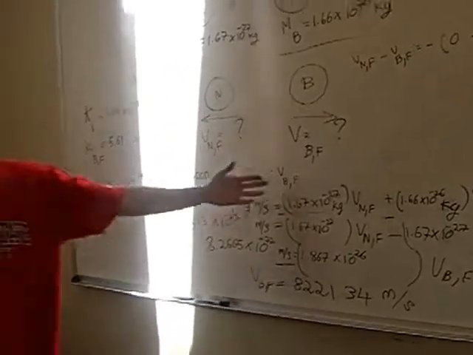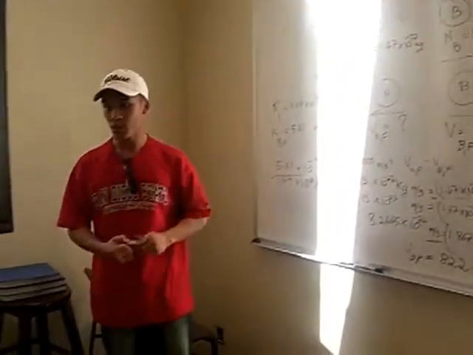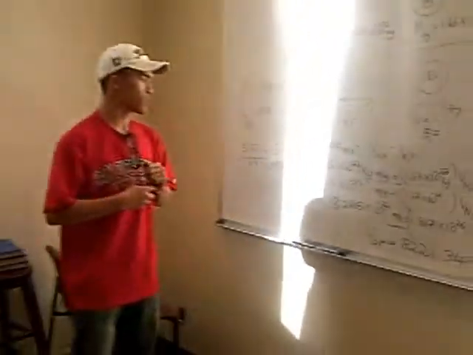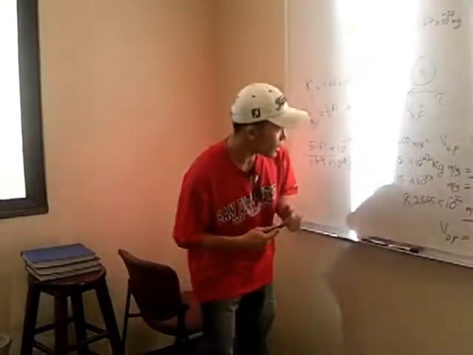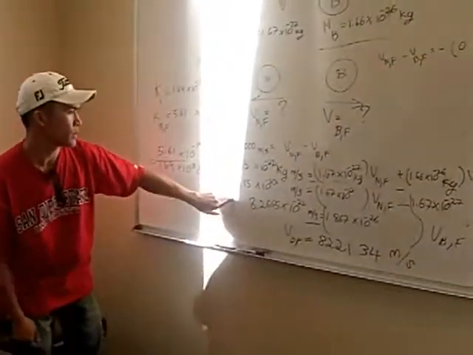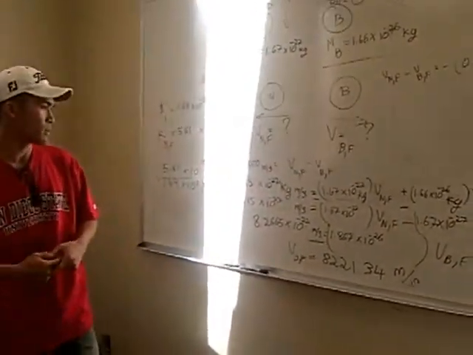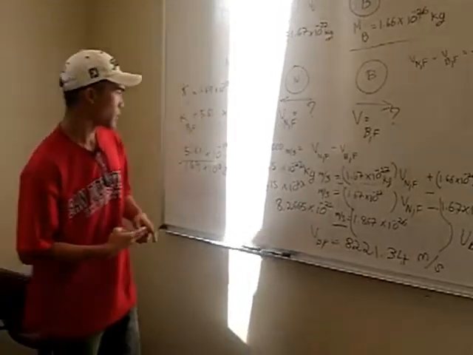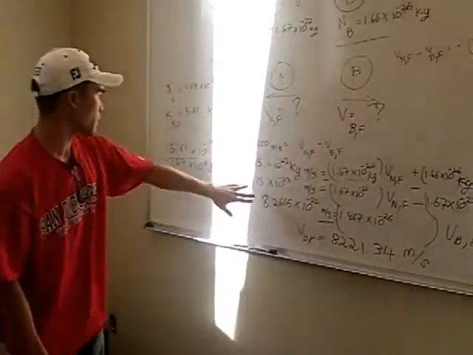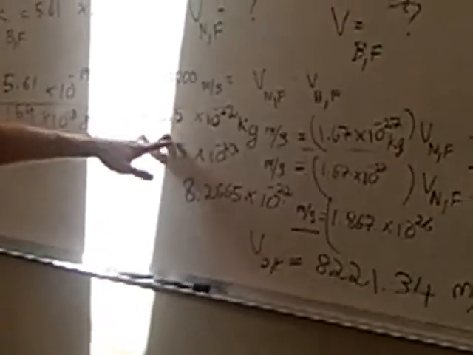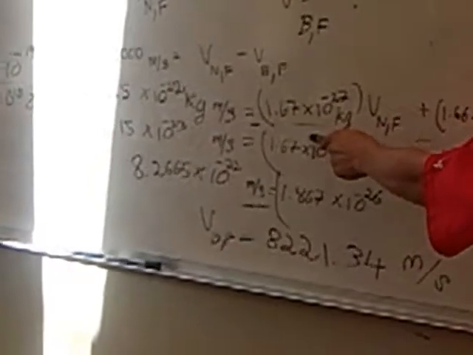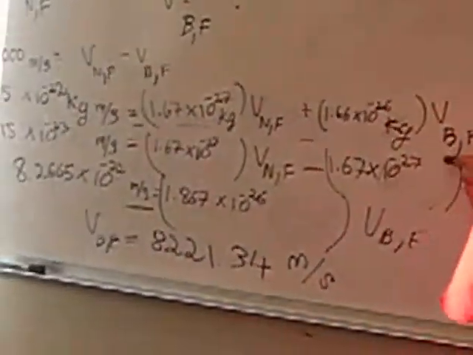And since we have two variables, we need two equations in order to eliminate one. What equation can you come up with? You came up with the conservation of momentum. The conservation of momentum is the initial momentum, and the final momentum of neutron and boron right here.